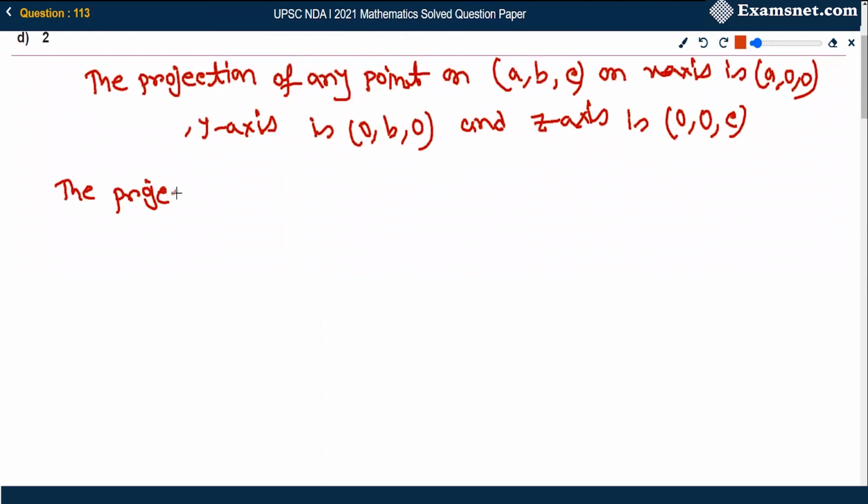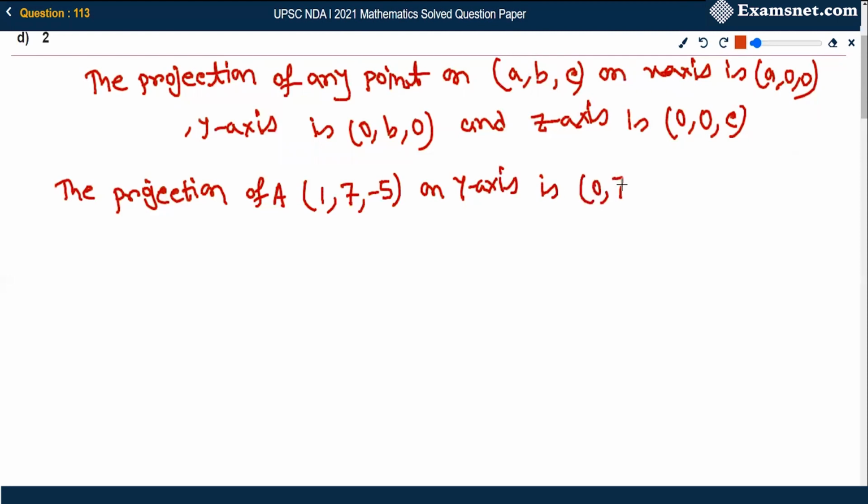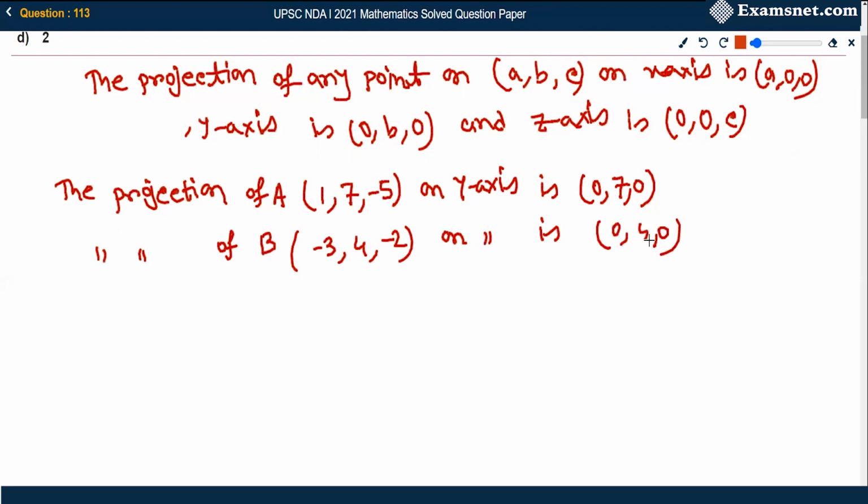So the projection of A, the coordinate is 1, 7, -5, on the y-axis is 0, 7, 0. And the projection of point B, -3, 4, -2 on the y-axis is 0, 4, 0.